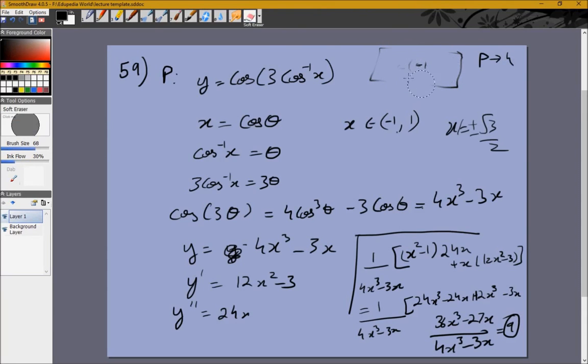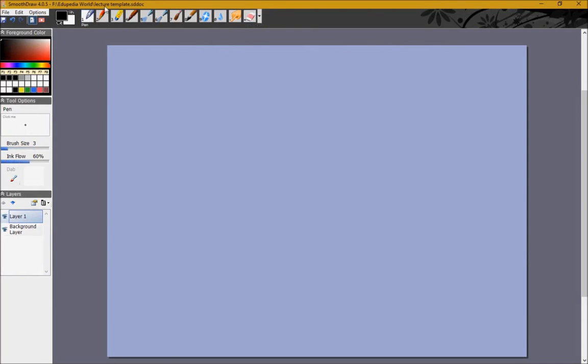Let's look at the other options. So we know P went to 4. Let's look at Q. So we are given that A1 to An are the vertices of a regular polygon. So let's just take a hexagon just for representation. And we are given summation k is equal to 1 to n minus 1, Ak cross Ak plus 1.